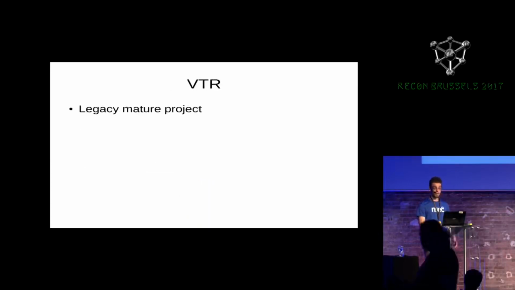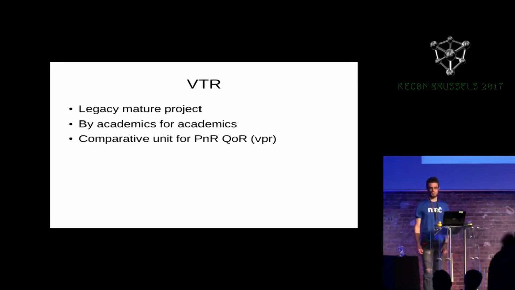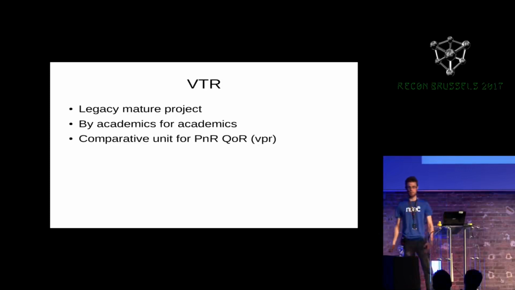VTR is called Verilog to Routing. It's a very legacy major project by academics, for academics. It's mostly used as a comparison unit by the software development people. They usually go, oh, we tested our algorithm, and it's, let's say, 70 times faster than the best time you can get with VTR.